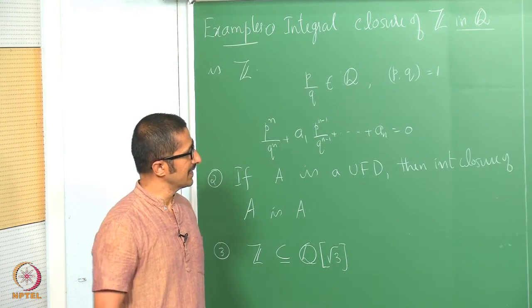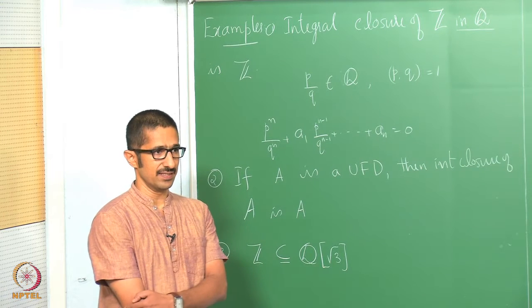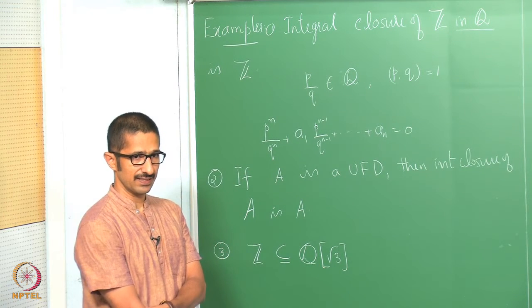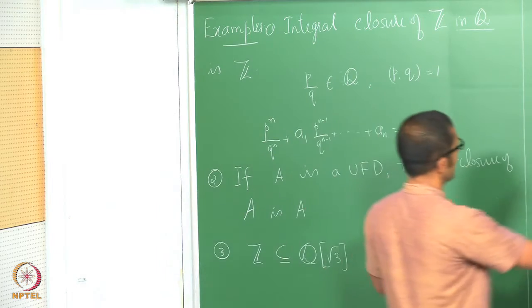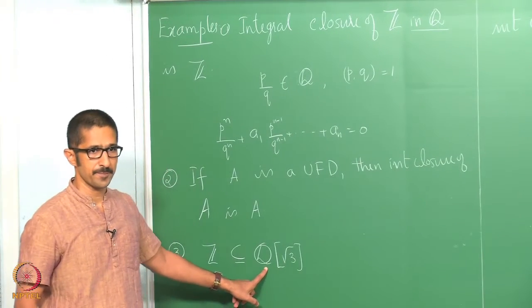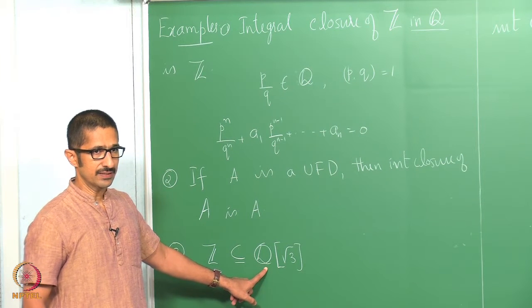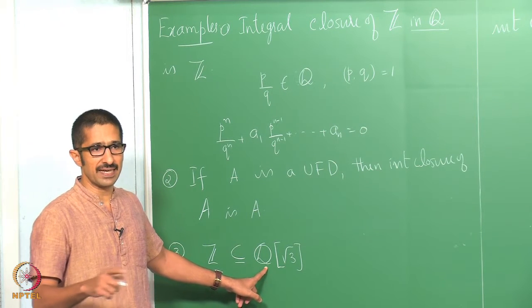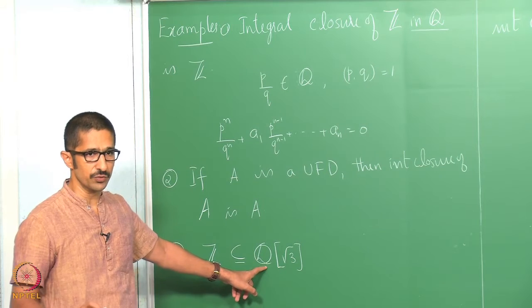Can we say that this is indeed Z root 3? Okay. How does any element in Q root 3 look like? Some A plus B root 3 where A and B are in Q, right.